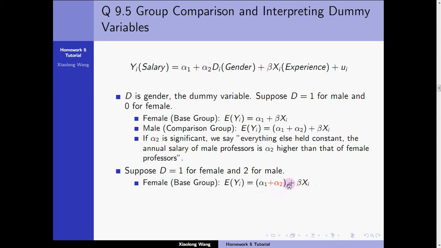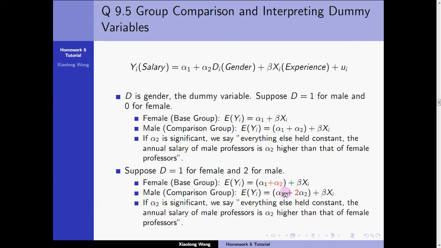And similarly, we plug in 2, we get the expected salary for male. If we compare those two equations again, we can see the difference is still alpha 2, even though the terms change.